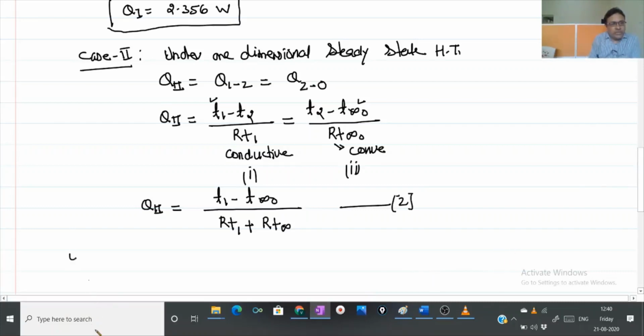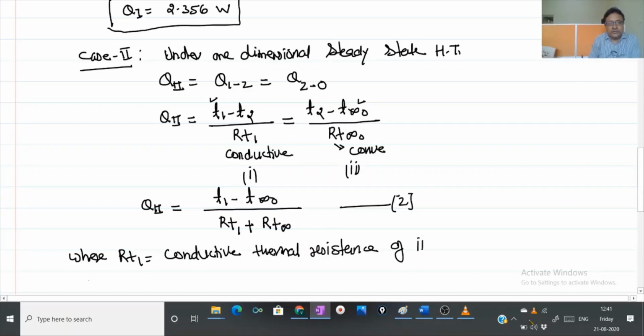Now in this equation 2, RT1 is the conductive thermal resistance of insulation.